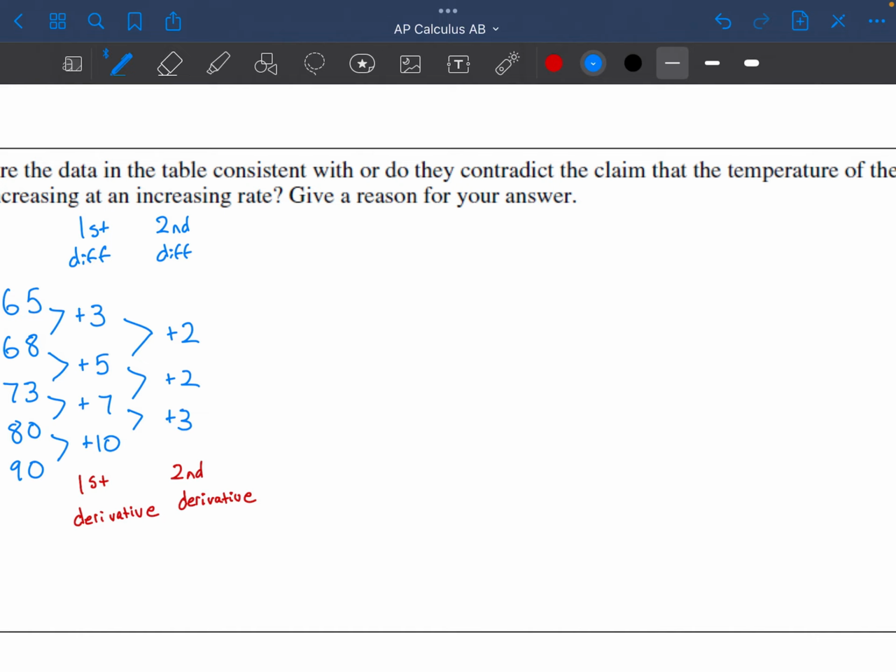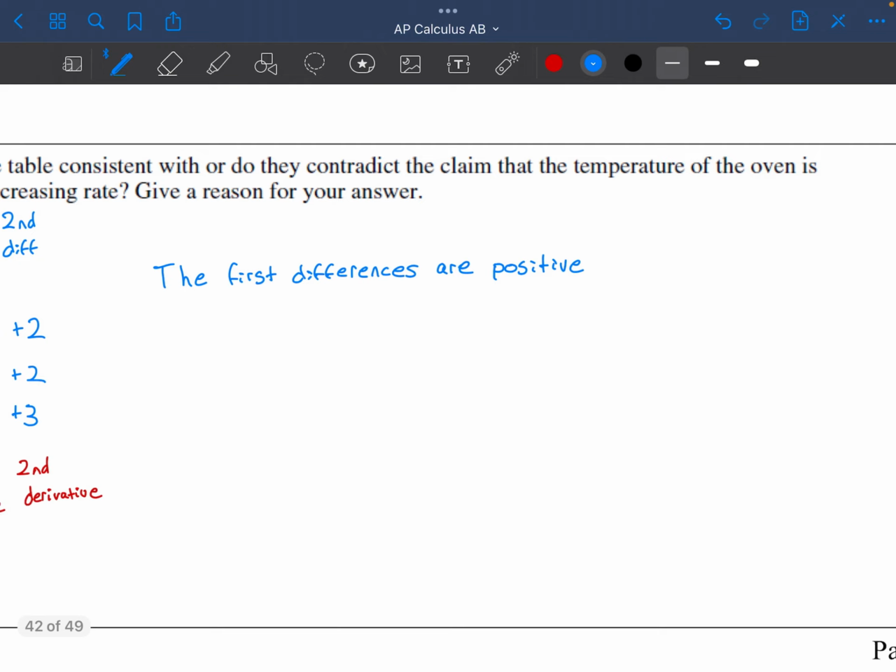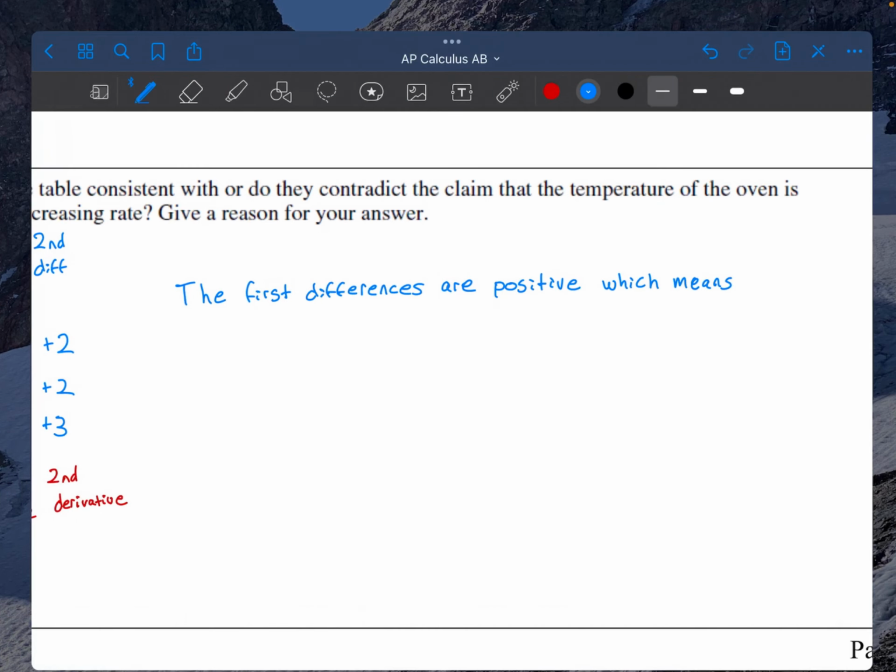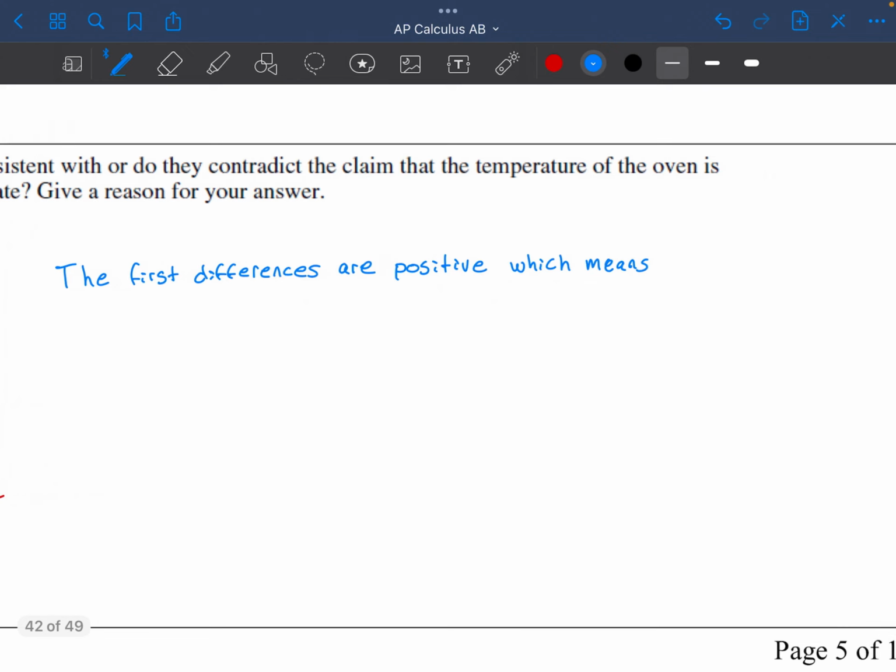I'll say the first differences are positive, which means, whoop, I hit that button by accident on the iPad, the home button.